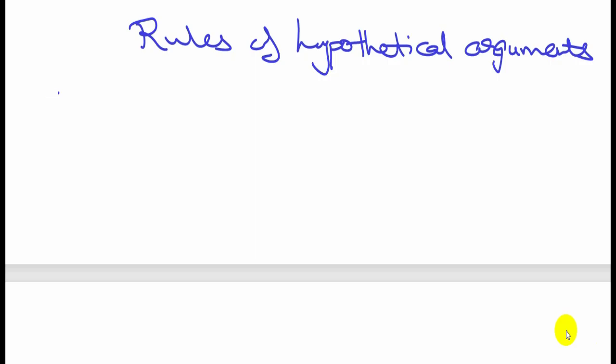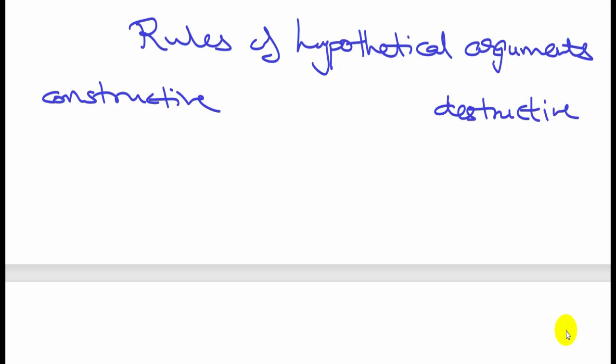So we have constructive and destructive. These are both hypothetical arguments. Now, there are a total of 2 rules. So we'll look at both the rules.